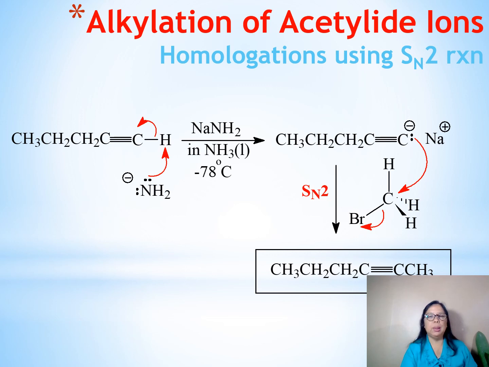Upon addition of the CH3, of course the halide left and was eventually replaced by CH3. So the place of hydrogen became sodium, but eventually through alkylation of acetylide ions, sodium was also removed and replaced by CH3. So from H to sodium to CH3. Okay?